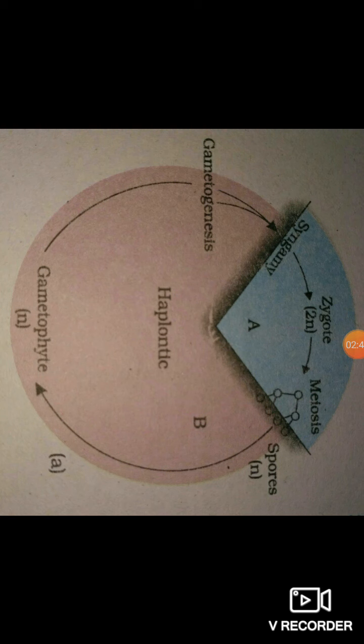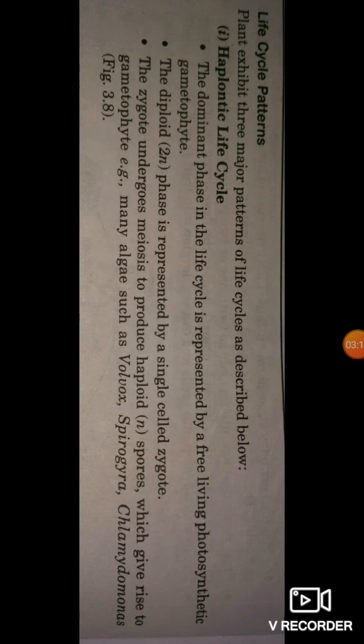In this chart, the dominant phase of the life cycle is represented by the free living photosynthetic gametophyte.